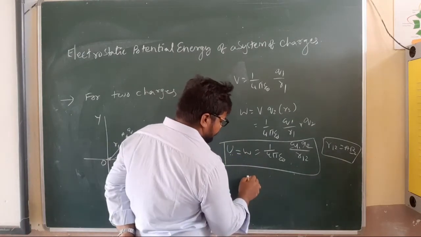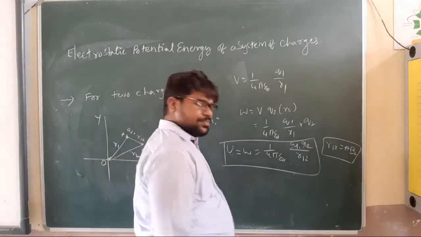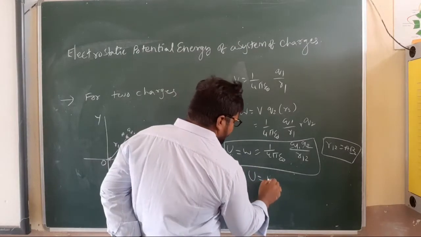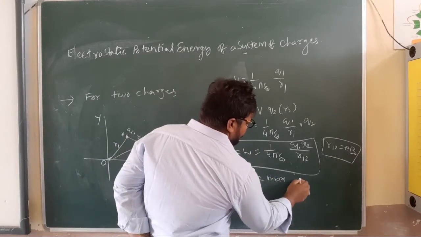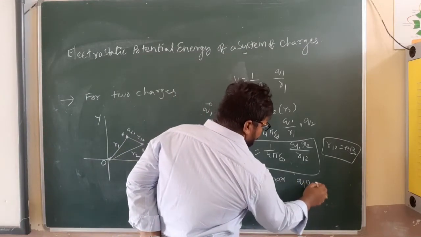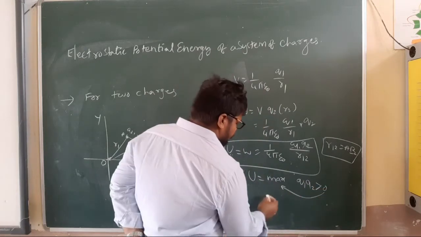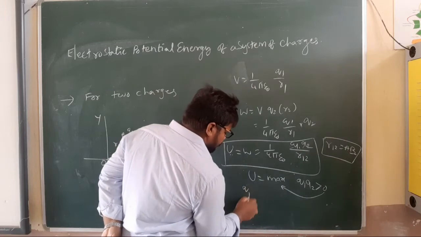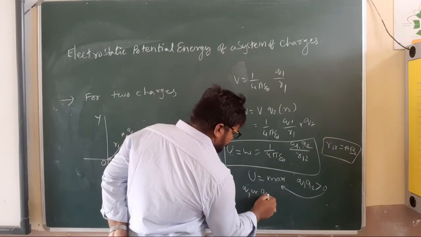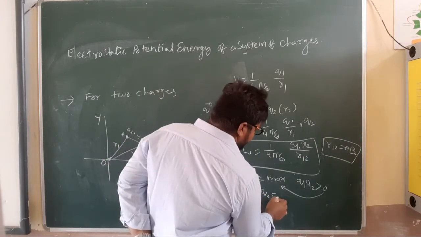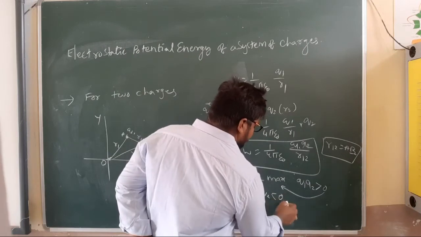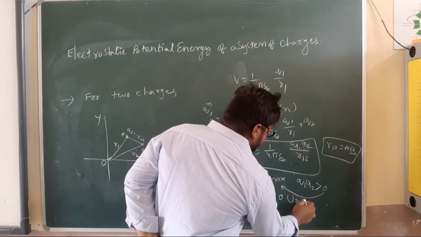U is maximum when the product of q1 and q2 is greater than 0. Here, if q1 or q2 is 0, the potential energy is 0.